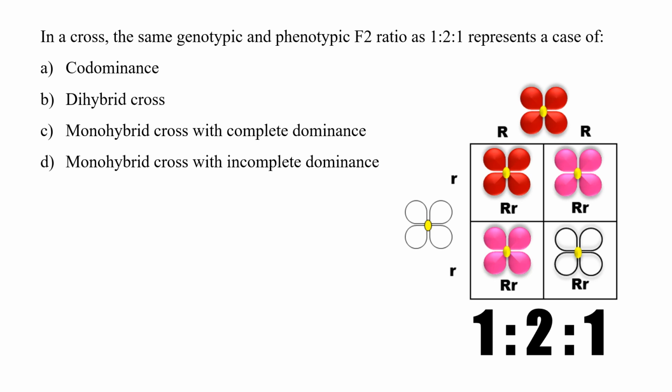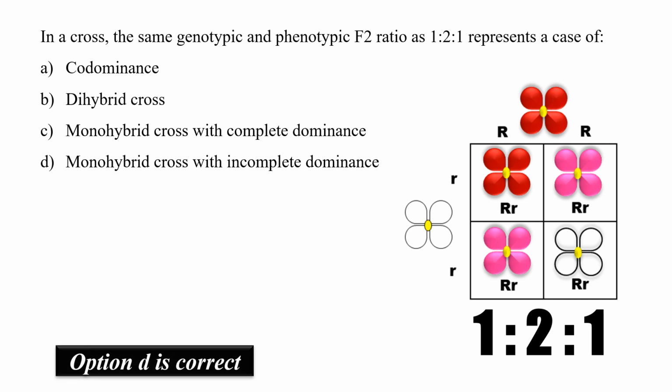The ratio is the same, 1:2:1, for both genotypes and phenotypes. Similarly, in codominance we have the example of the ABO blood group system, in which we have the AB blood group where I A and I B both are present. But we have to choose one option, so we will go with option D because in this we can see phenotypes easily, whereas in codominance, that is the blood group system, we have to go for some testing. So the correct option is option D, monohybrid cross with incomplete dominance.